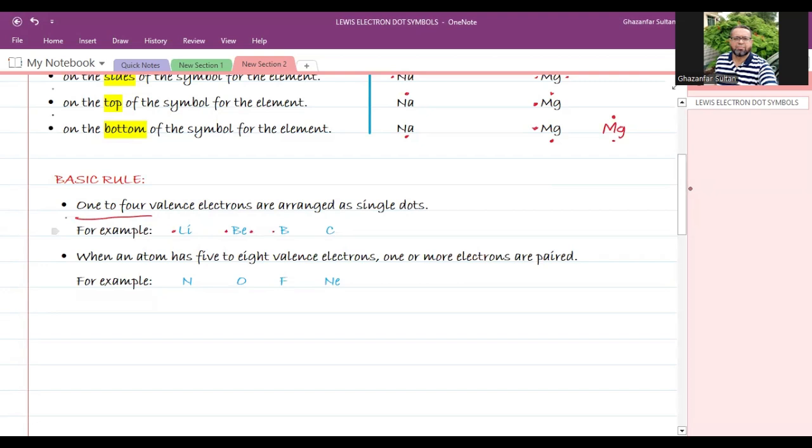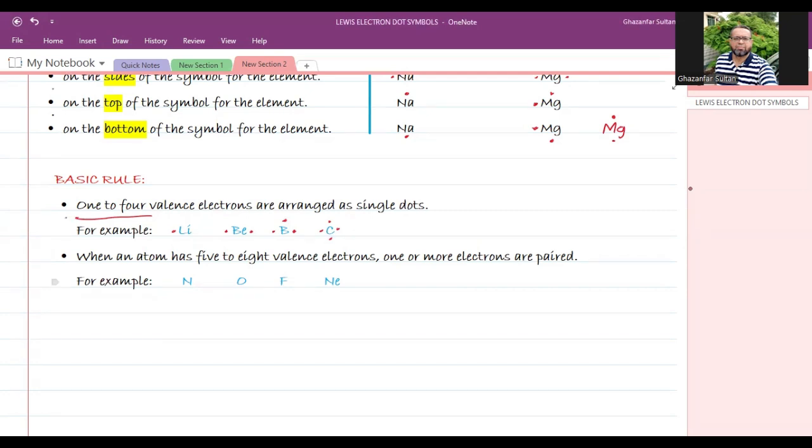And if you have three electrons, then you can draw like this. And if you have four electrons, then all the four electrons around. So why does it happen? Because it can form one bond, two bonds, three bonds, or four bonds.